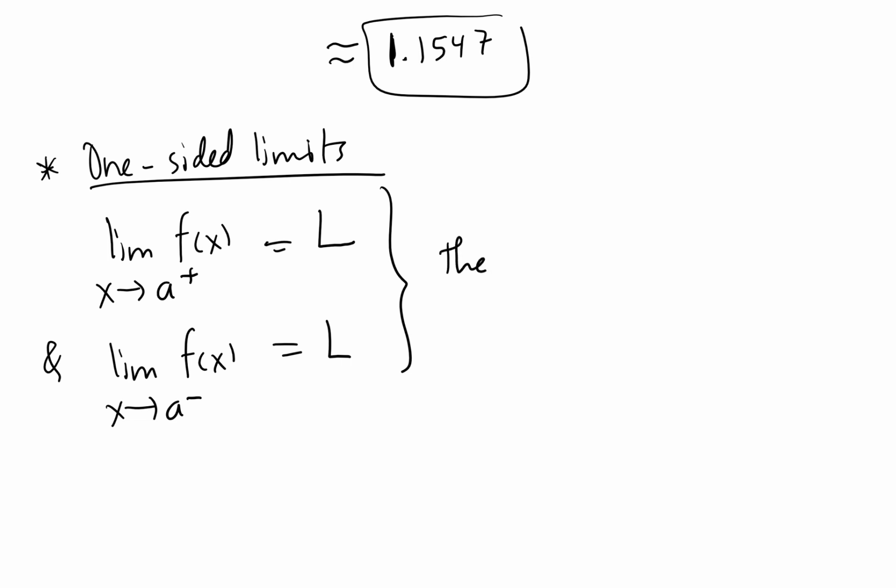Then you can say that the limit of f of x as x approaches a is L. If you're approaching the function from both sides and they get to the same value, then the limit is L.